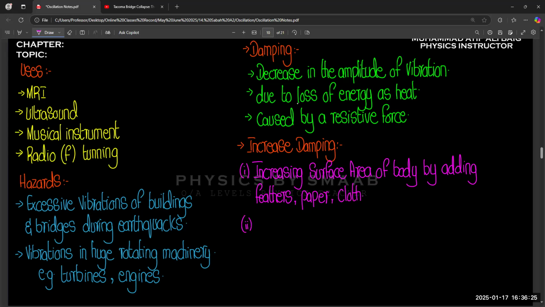The second method is we can also use oil or liquid to oscillate the body. For example, if someone is testing a specific bullet of a gun in a laboratory, they fire that bullet into a water tank.